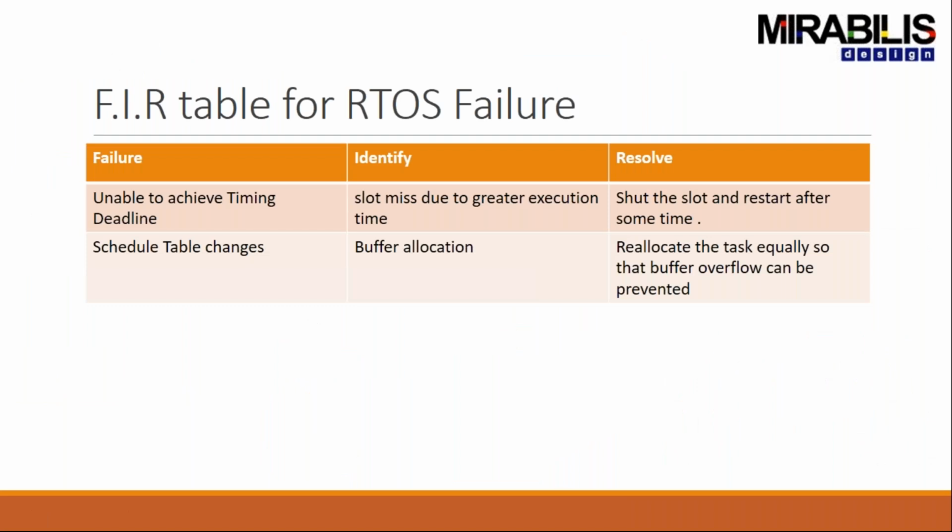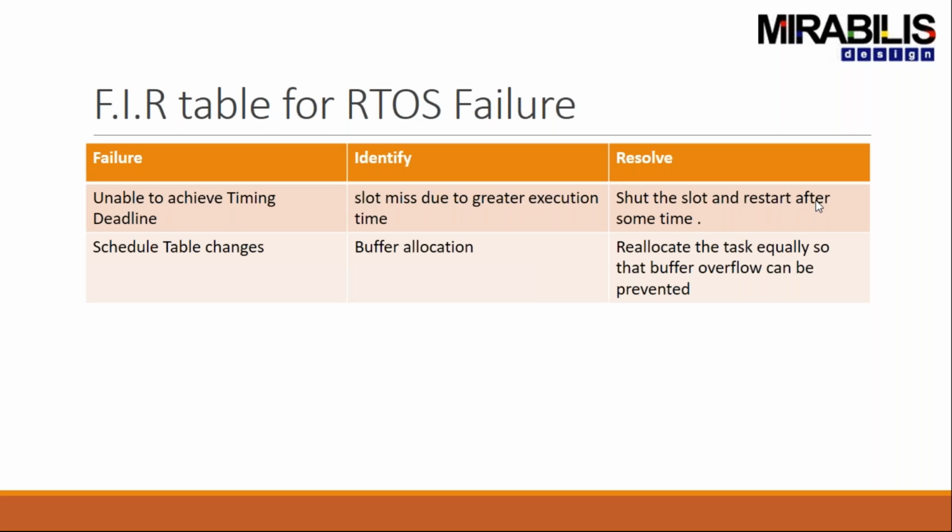Moving on, for the RTOS, we have a model in VisualSim which represents the slot miss. So what happens is we have an execution time. The packet will execute for this much time, and then we have a slot time.